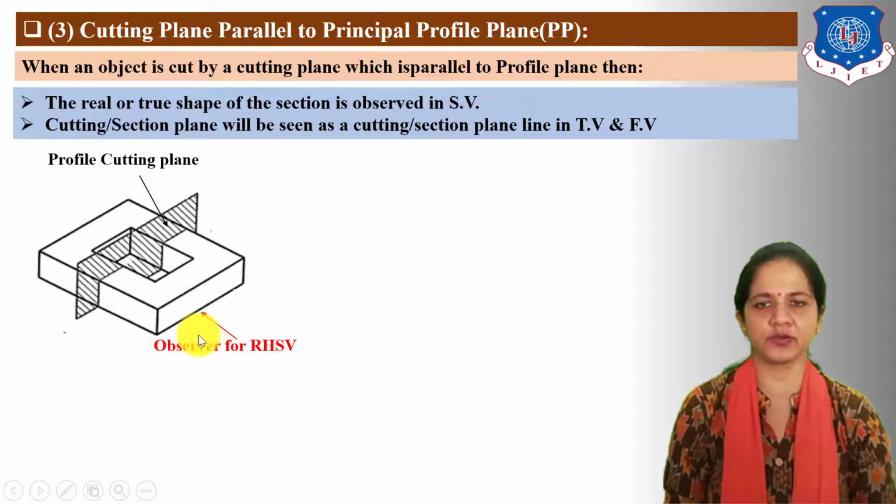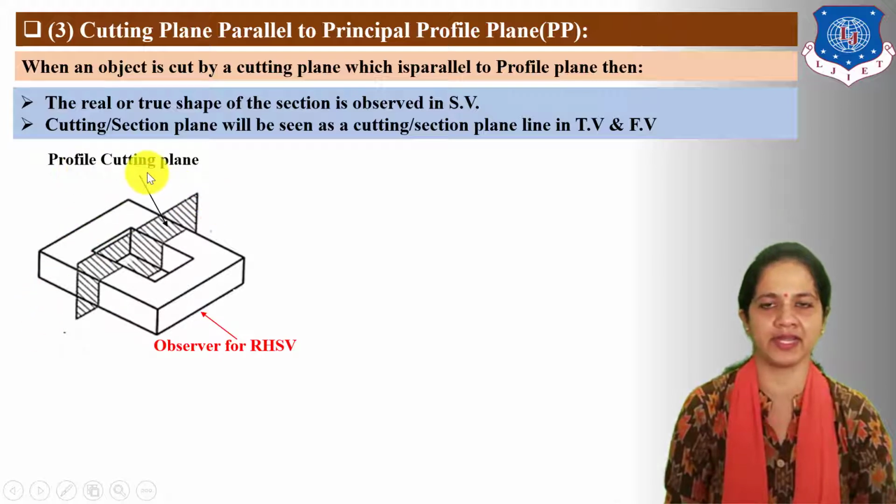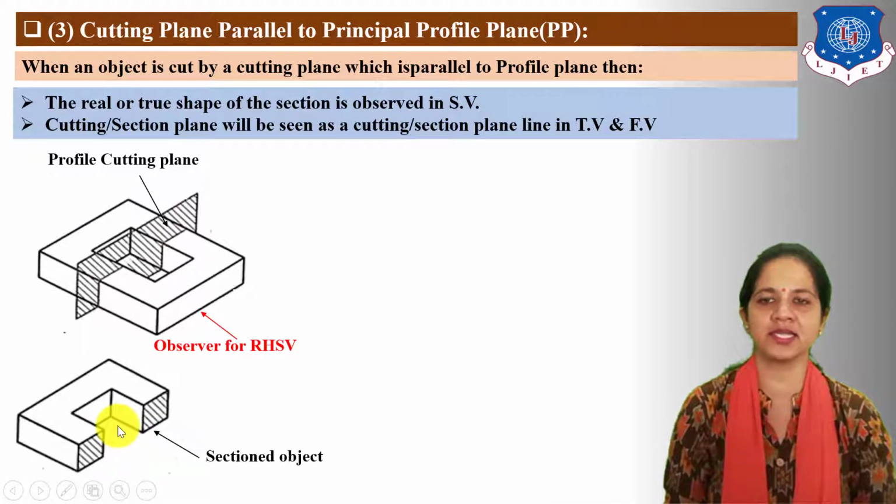Here when we take projection from the right hand side view direction after taking section by the profile cutting plane, then the portion between the observer and the cutting plane is assumed to be removed, and we need to draw the projection of the remaining portion of the object. Here you can see the remaining portion of the object or section object after taking section by the profile cutting plane.